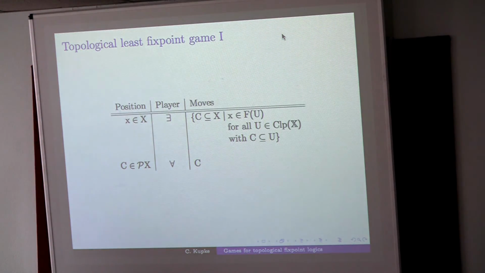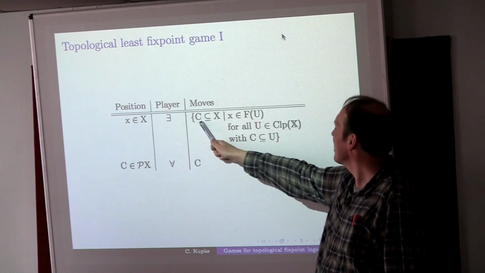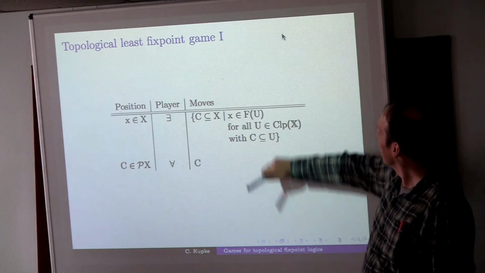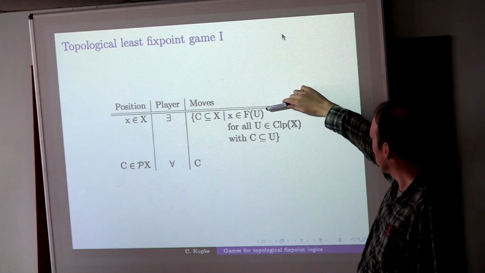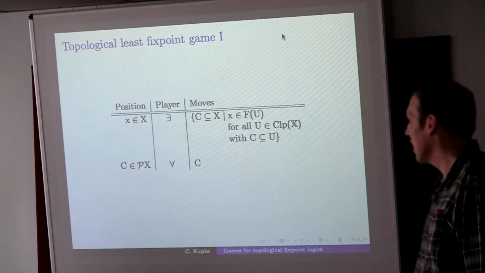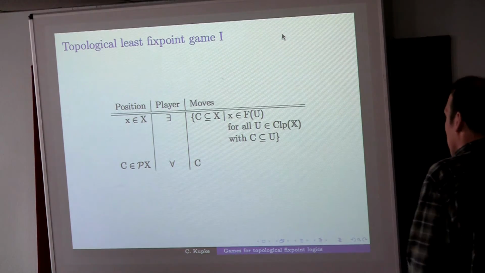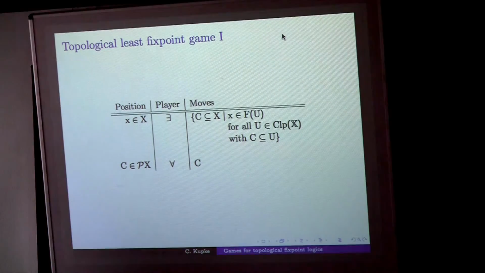The one game is the first one, where Eloise moves to some arbitrary set C, such that X is in F of U for all the clopens U containing C. And then Abelard just picks an element. That's the one game.